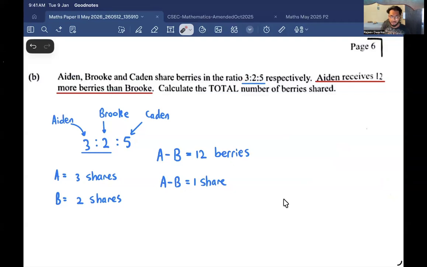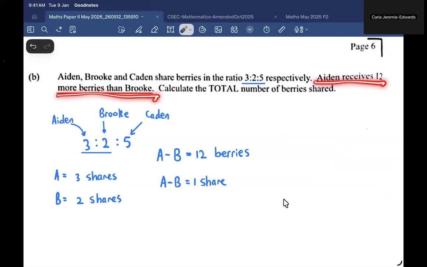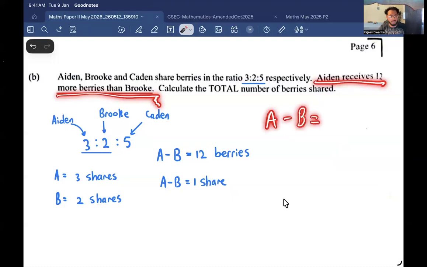Right? Cool. And then they're telling us this piece of information here. What are they saying? Eden received 12 more berries than Brooke. All right. So, Carla, if I had Eden minus Brooke, what do you think that would be?